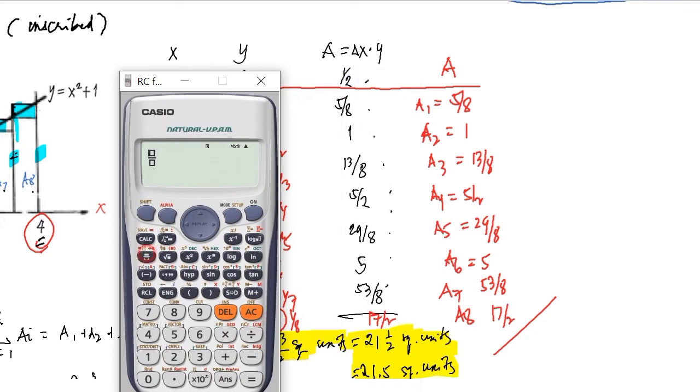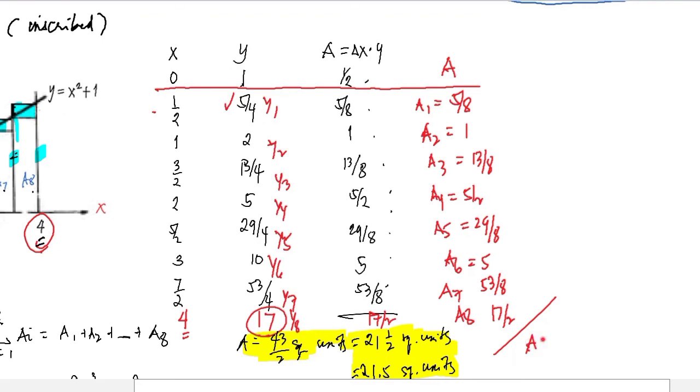So, if we are going to sum them up para makuha natin yung total area, then we have yung mga over 8 muna. So, 5, 13, 29, and we have 53 over 8. Tapos, yung mga over 2, so we have here 5, at saka yung 17 over 2. Tapos, may dalawa tayong whole number, si 1 and si 5, so that's 6. Okay, so that's 59 over 2.